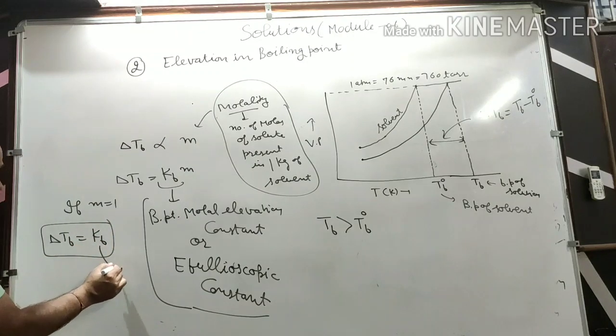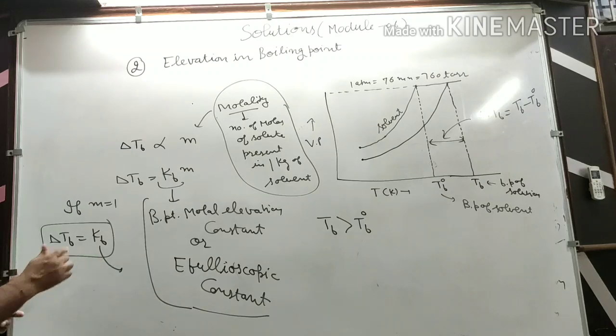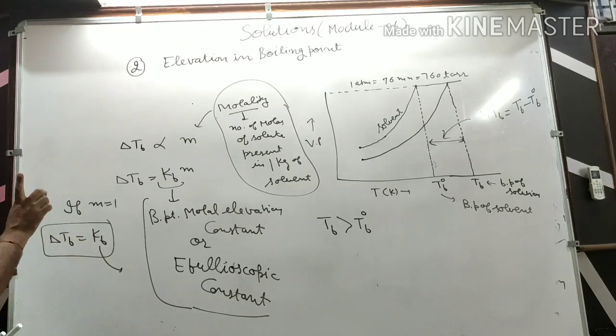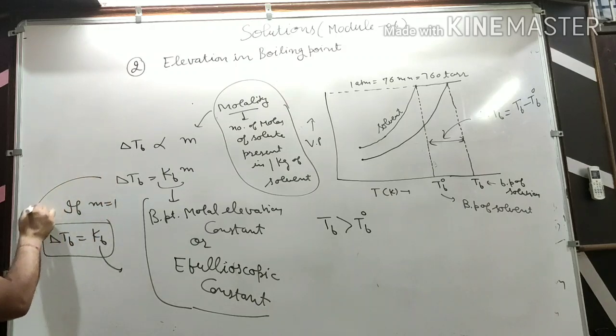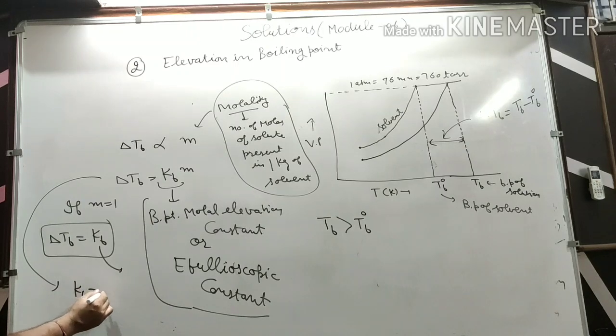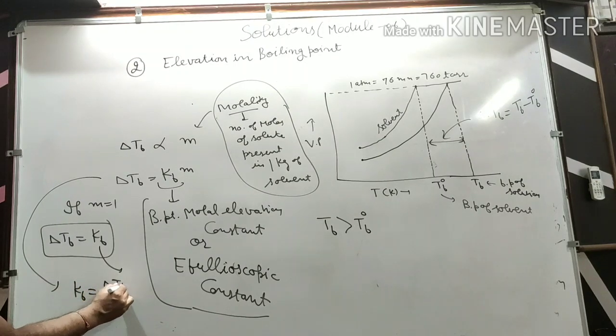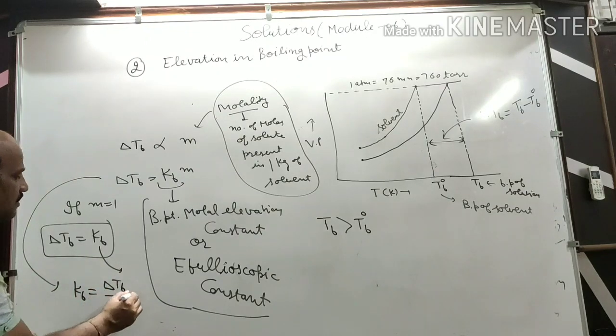What is definition of this KB? And that is mainly asked in board exams many times. What is definition of it? It is elevation in boiling point when molality is 1. And what is the unit of this? From here we can write KB can be written as delta TB upon m.